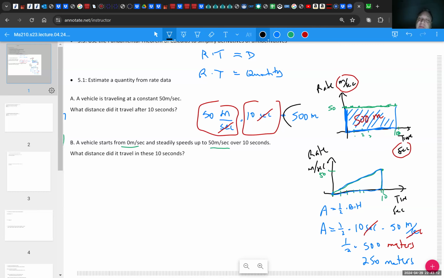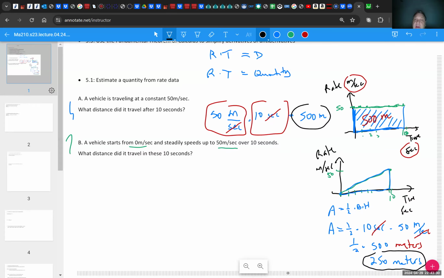We had 500 meters when they were going at a constant rate. And here they've sped up slowly over time at a constant rate. And so we get 250 meters as the distance they've traveled during those 10 seconds. So once again, we're trying to connect the area of this situation to the quantity.